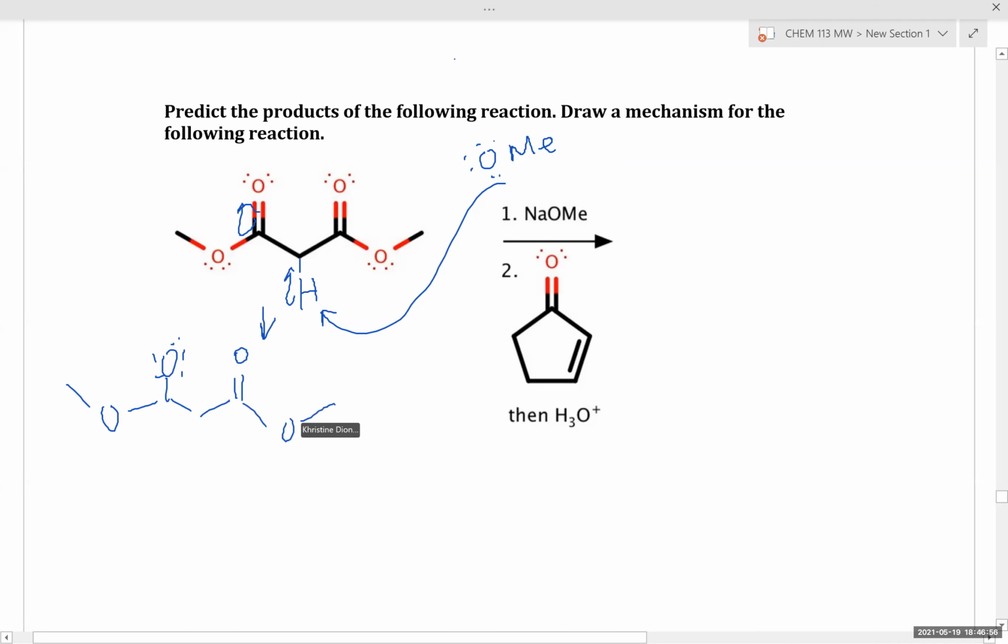Now that we have our nucleophilic enolate, it can react with electrophiles such as enones to generate conjugate addition products.